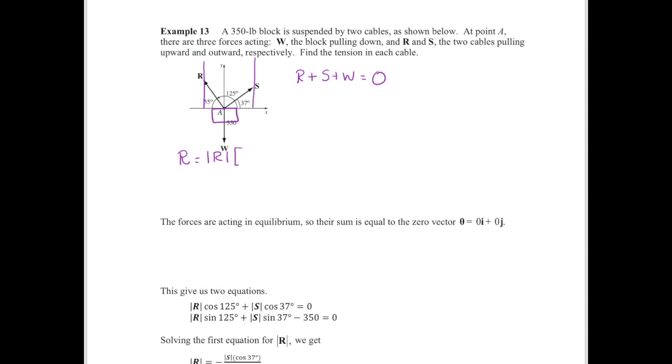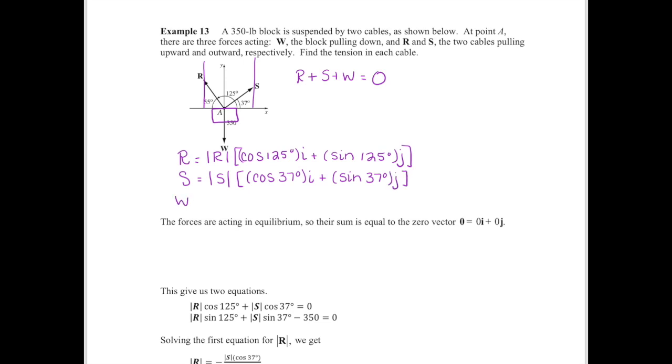And its directional angle for R is cosine 125 degrees I plus sine of 125 degrees J. Similarly, we can do this for S, its magnitude times cosine of 37 degrees I plus sine of 37 degrees J.